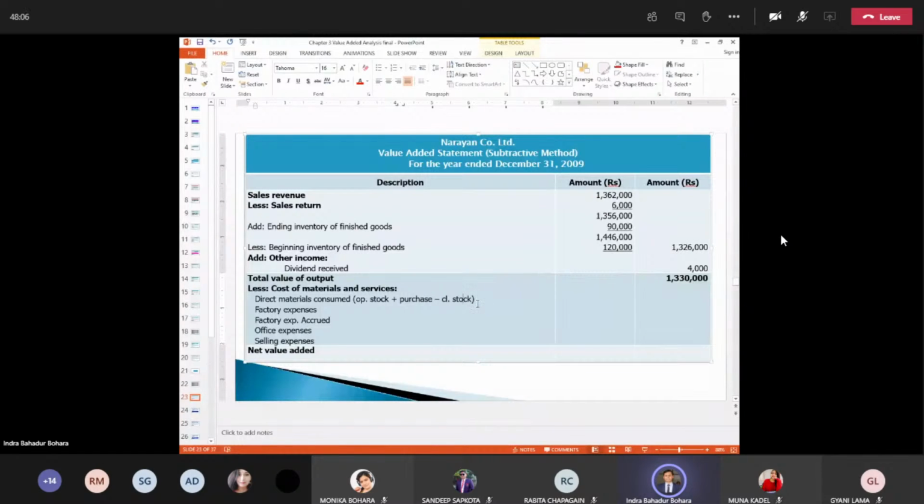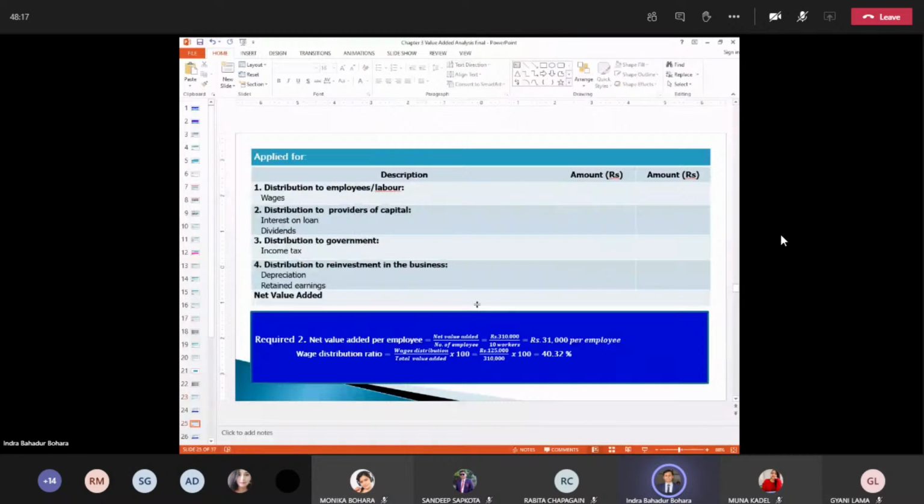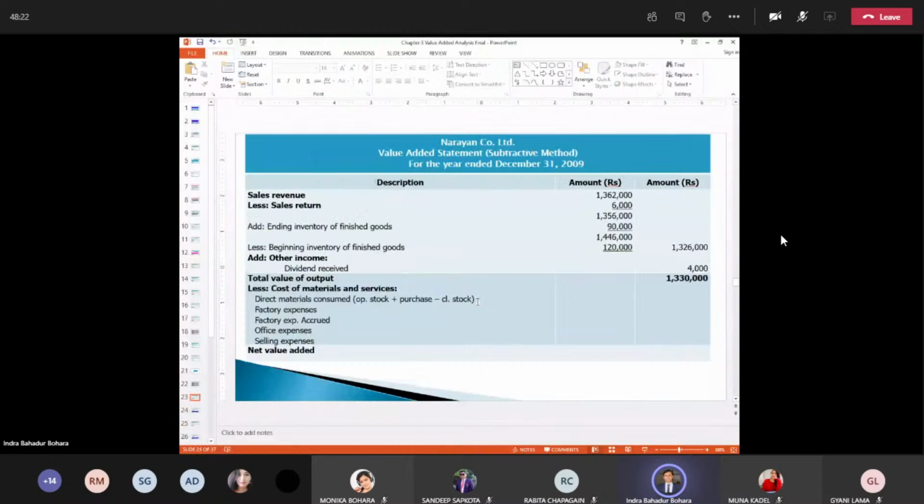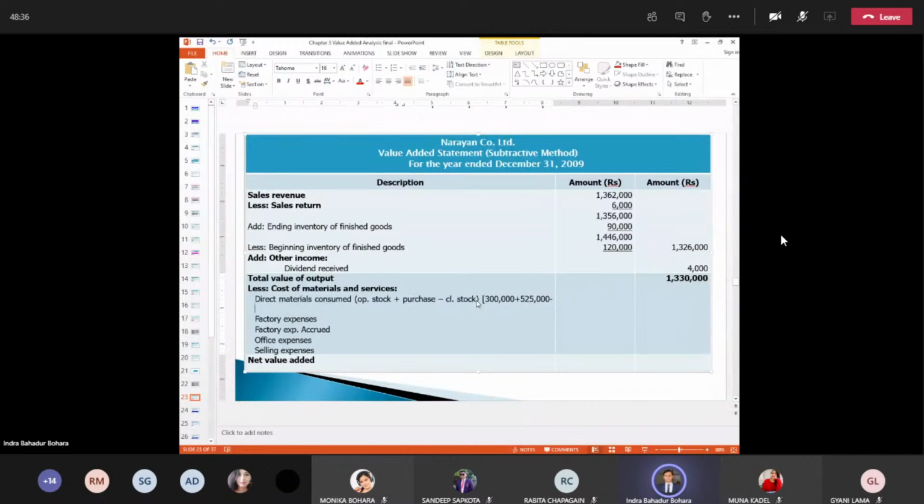So add opening stock of material 3 lakh, purchase of materials 5,25,000, minus closing stock 2,10,000.